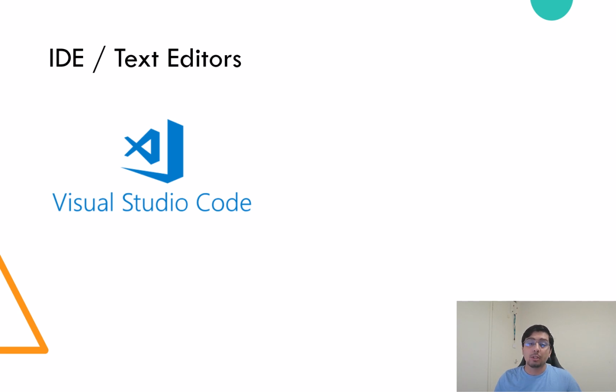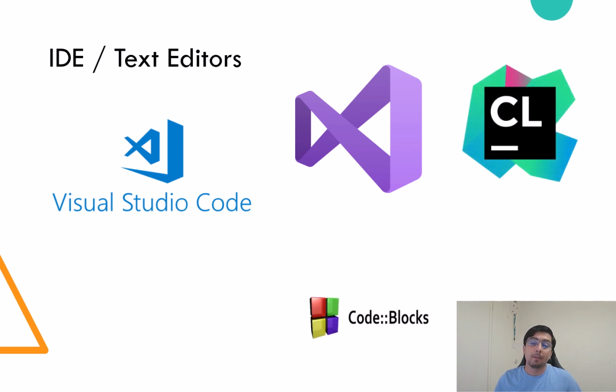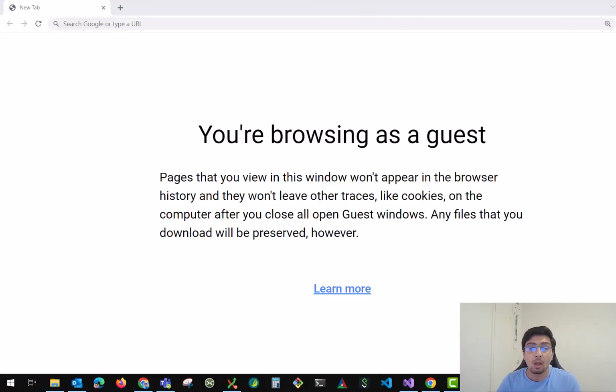Some popular choices include Microsoft Visual Studio, CLion, CodeBlocks, and Eclipse. Each has its own set of features and benefits, so feel free to explore and find the one that suits your preferences.